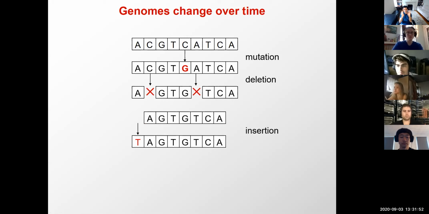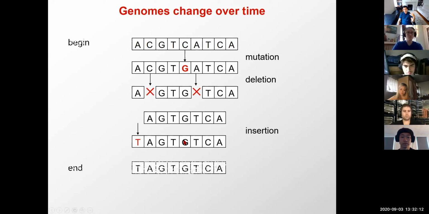So, this semi-conservative replication of DNA, where you have the old strand and the new strand on one side, and then the old strand and the new strand on the other side, every now and then makes errors. It basically sometimes inserts the wrong nucleotide, and sometimes it inserts a gap, and so on and so forth. So these things just happen, okay?